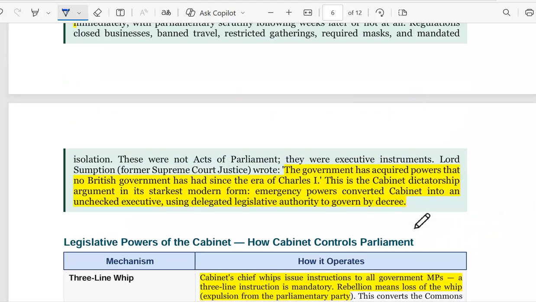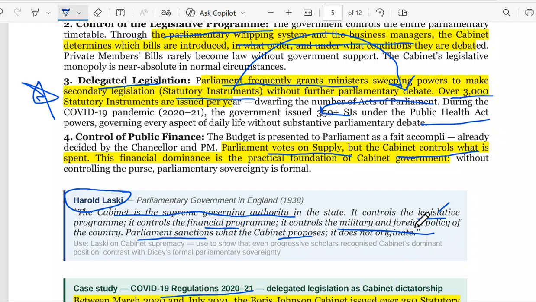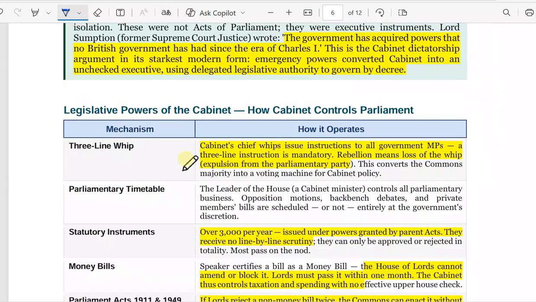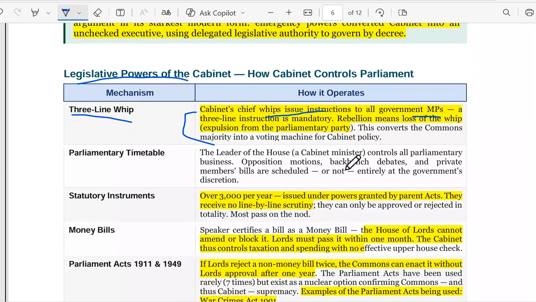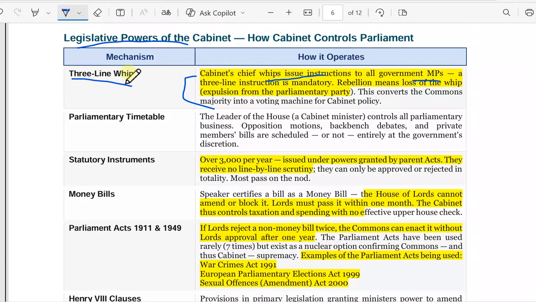Okay, so moving towards the legislative power of the cabinet, these are almost the same. The three-line whip that I have told you earlier: the cabinet chief whip issues it to all the government MPs who go against the party mandate. It was done in 2019, to about seven MPs.